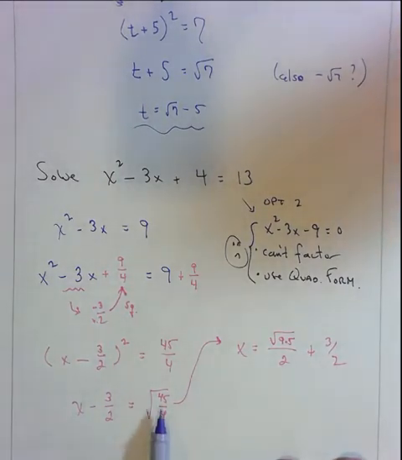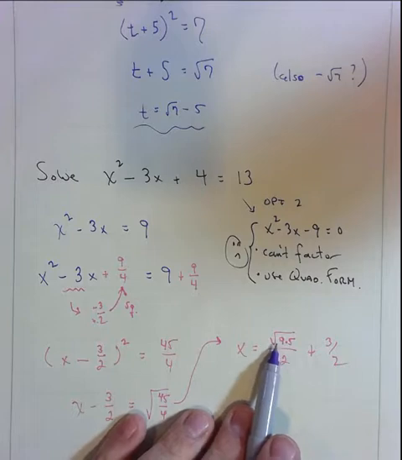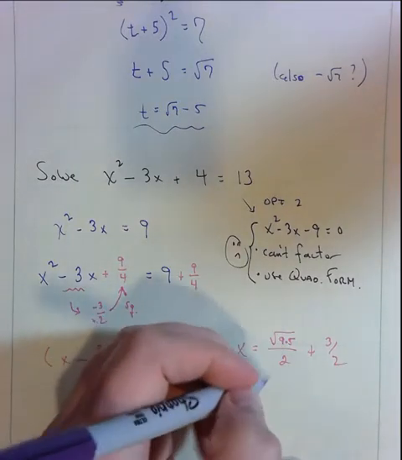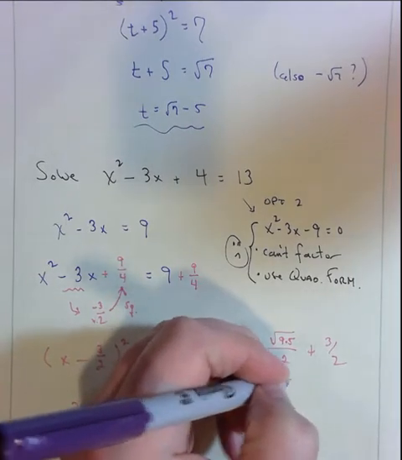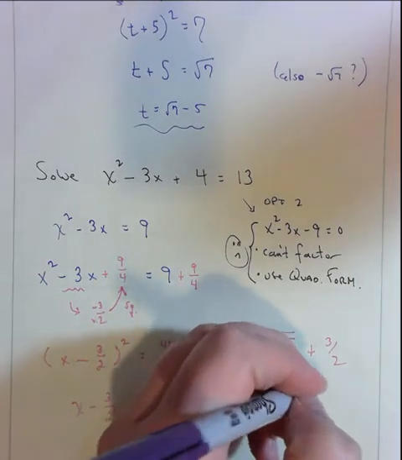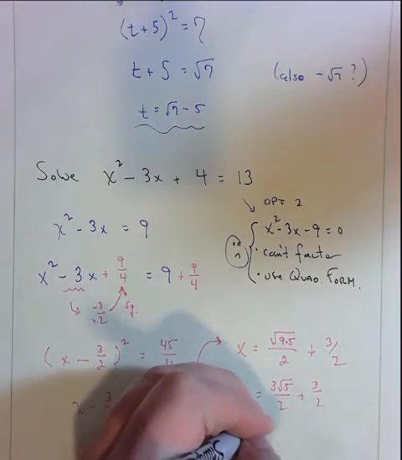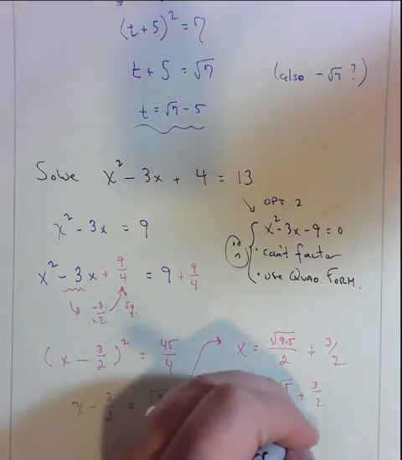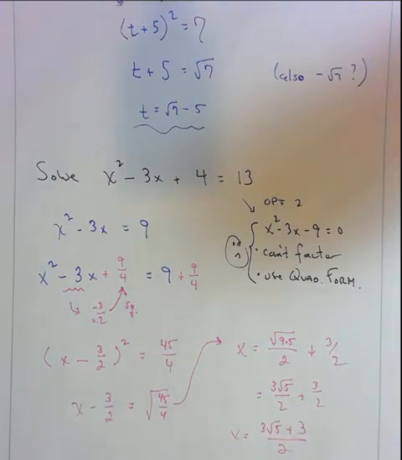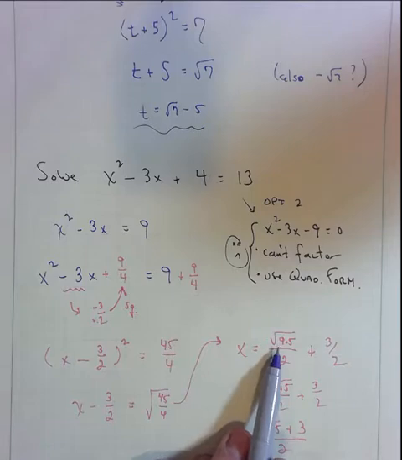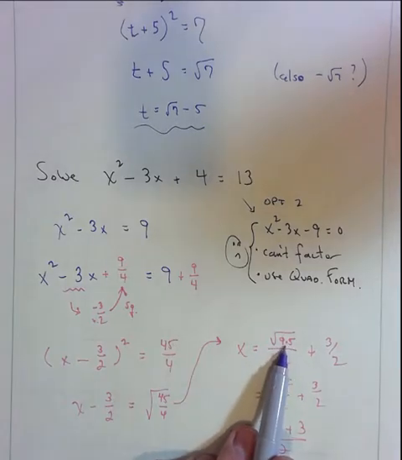The reason that I broke 45 down into 9 times 5 is that now I've got a hook where I can let my square root do its thing on the 9. So the square root of 45 becomes the square root of 9 times 5, which is the square root of 9 times the square root of 5, which is 3 times the square root of 5.